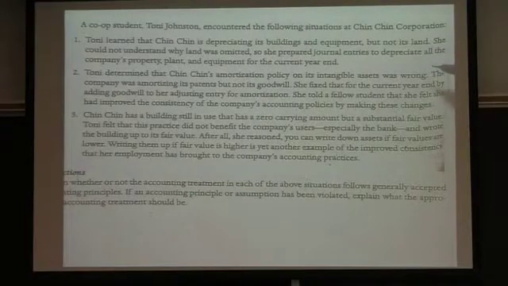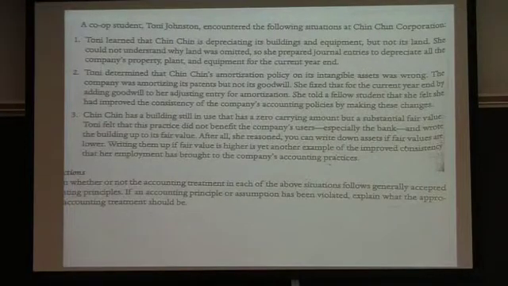She could not understand why land was omitted, so she prepared a journal entry to depreciate all the company's property, plant, and equipment for the current year. So what Tony did is she realized that land was not depreciated, so she turned around and depreciated the land.